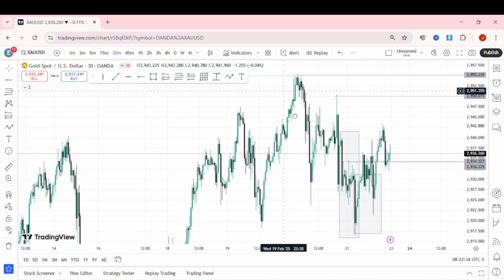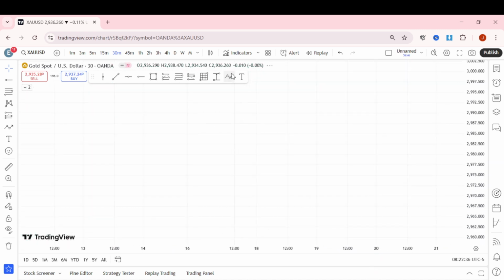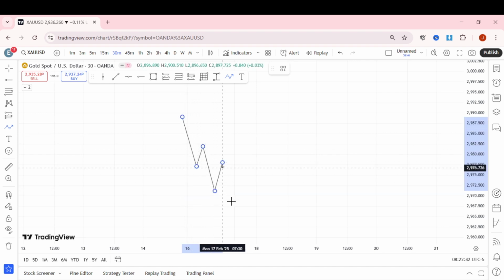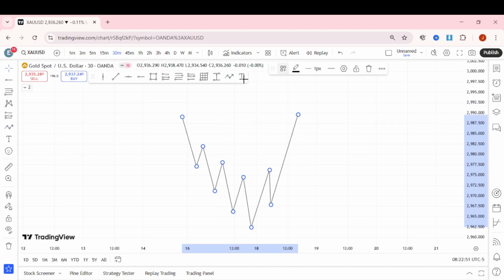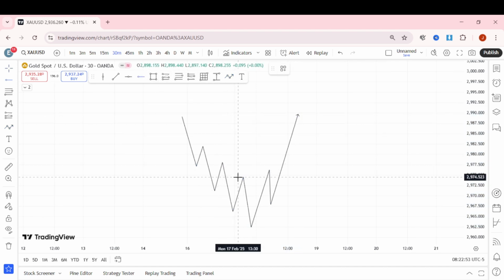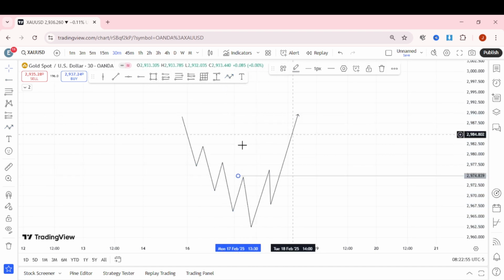Let me give a quick example. On the ICT break of structure, price came all the way down and there's a break of market structure, so price breaks only one single high, this high right here. This is an ICT break of structure, but the Steven breaker is slightly different.